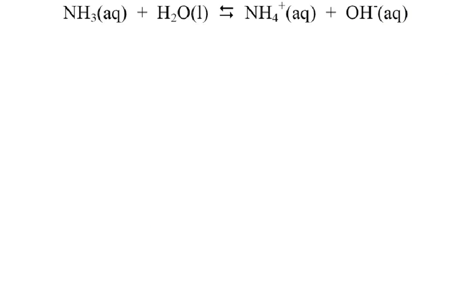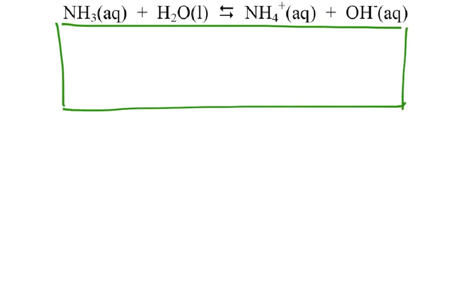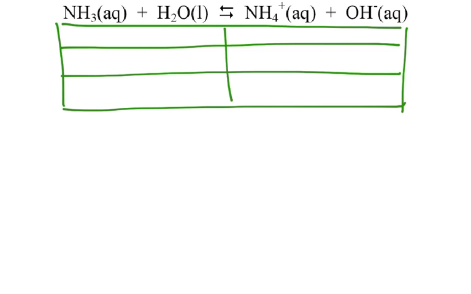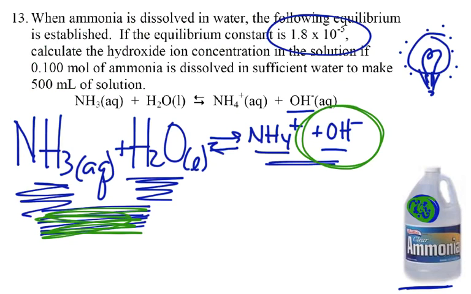Now we come back to our equation. We'll do an ICE box. And this one is going to illustrate one more little algebra trick we can do. Going back, look at the problem.